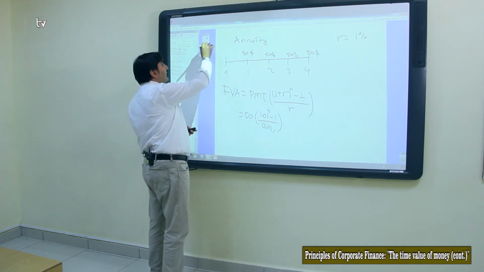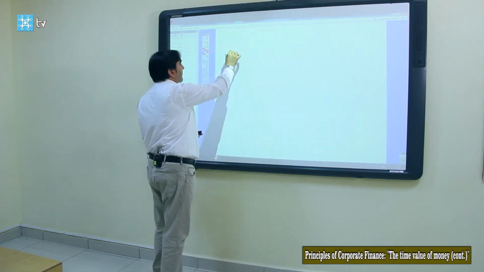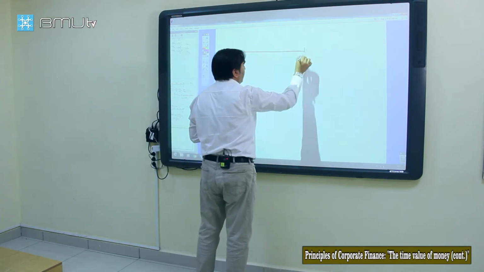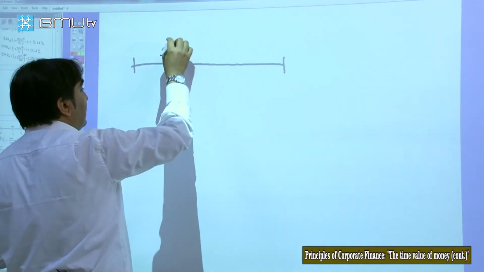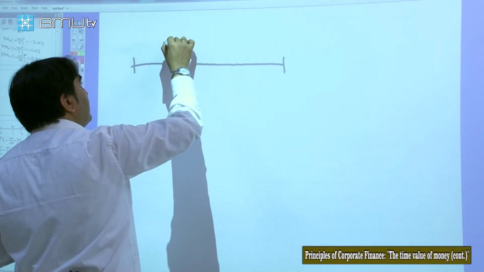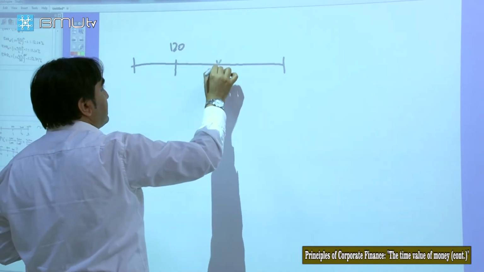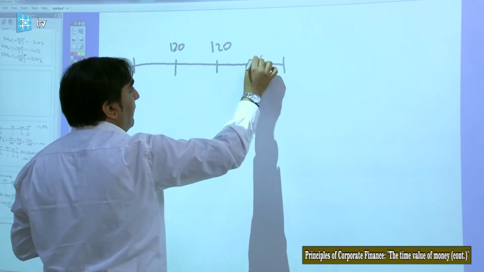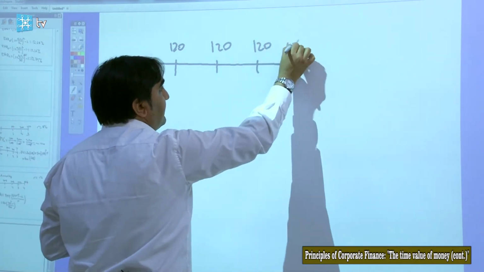Also, we can find the present value of an annuity. Assume that there is an investment that will earn you $120 per year for 5 years.